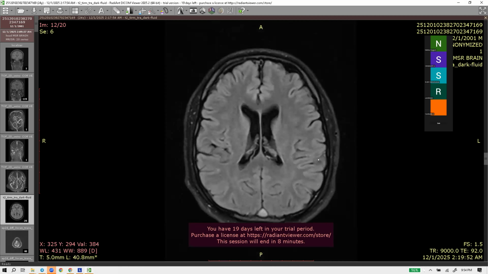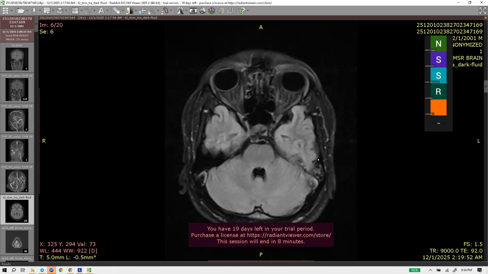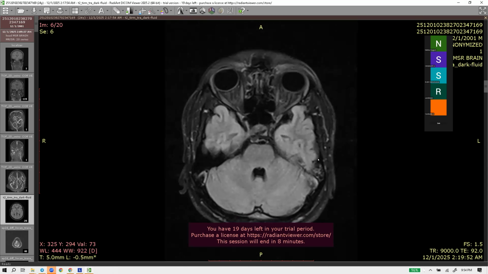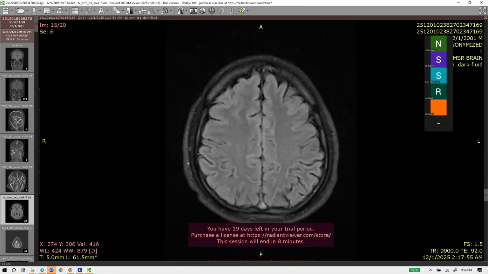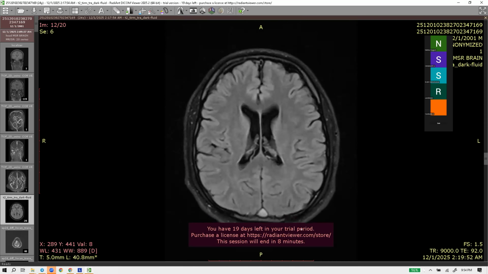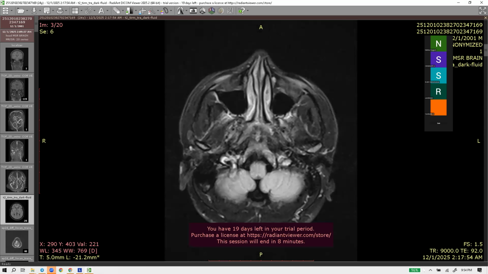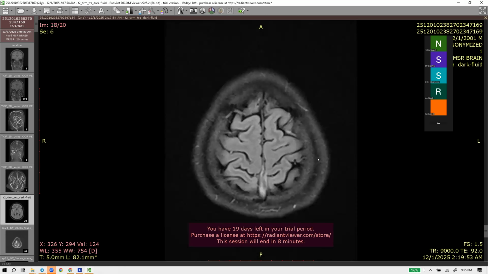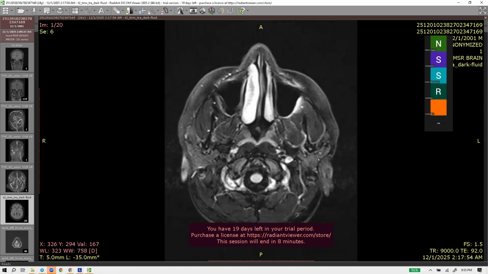Twenty seconds left. Yeah. So here I can see that there is high signal in the posterior part of the superior sagittal sinus, but I could not find any hemorrhagic infarct or any other thing in the provided images.